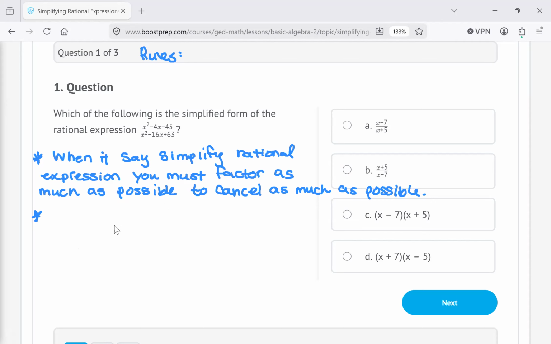Okay, second one, it says when subtracting polynomials, first find a common denominator, then factor to cancel as much as possible.